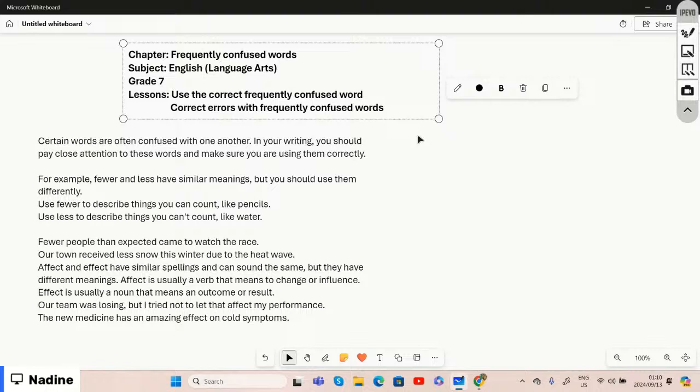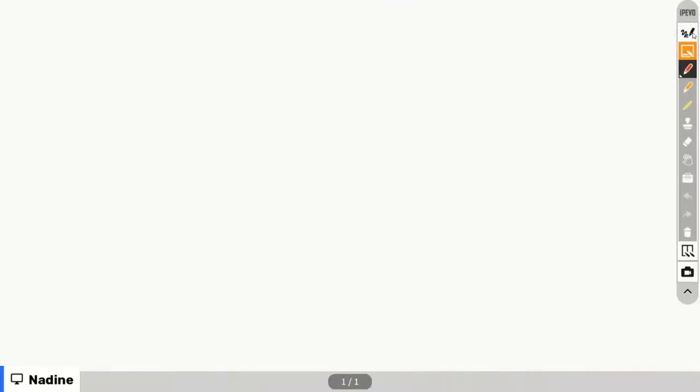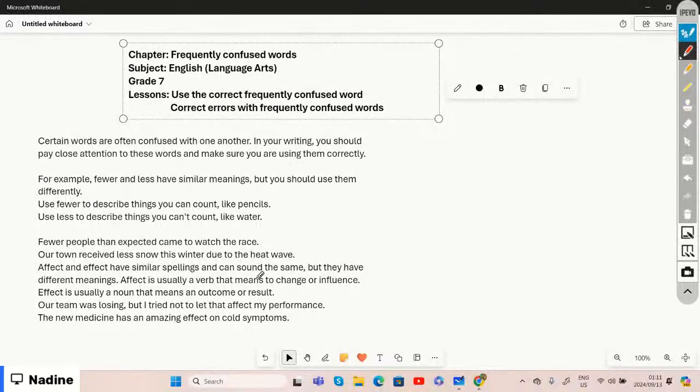All right. So once again, we said certain words are often confused with another word, and when you're writing, you need to pay close attention to these words and make sure that you're using them correctly. An example of words that are frequently confused is fewer and less.